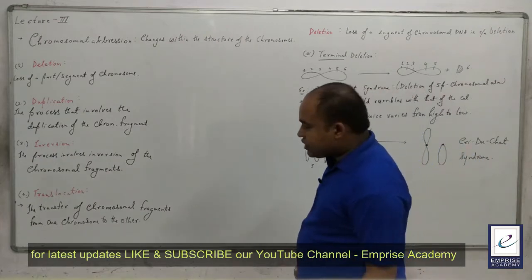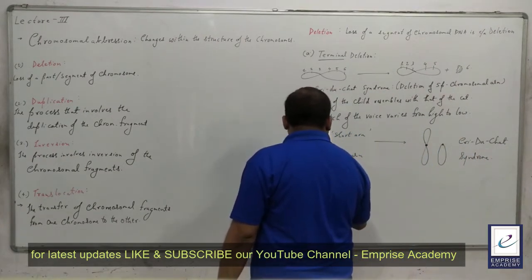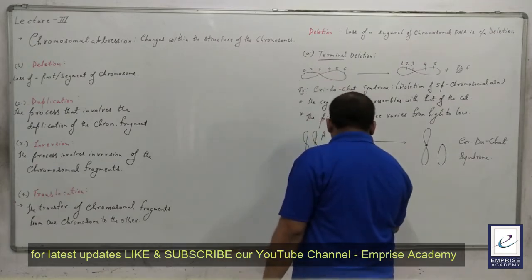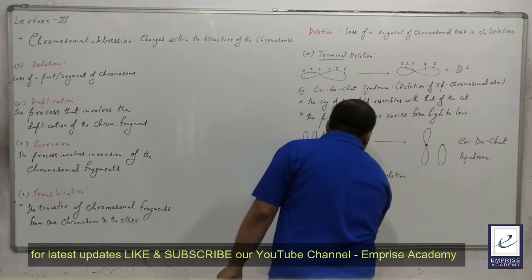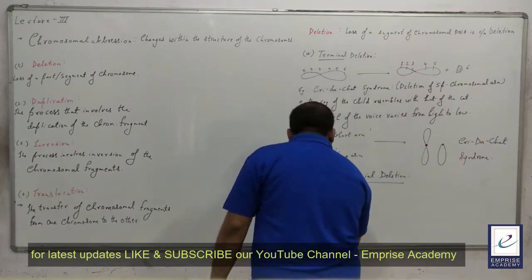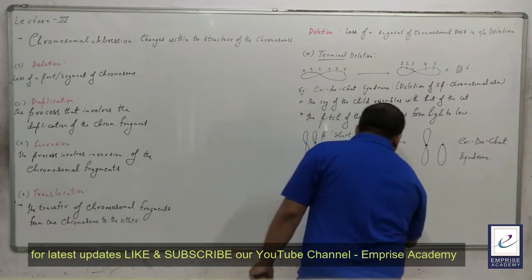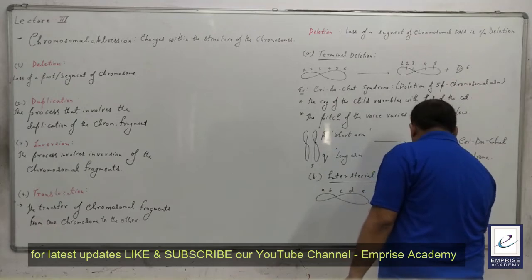We have already seen interstitial deletion, in which there was a deletion taking place from anywhere within the entire chromosome. What was happening in the case of interstitial deletion? A chromosome was there. From any part of the chromosome, a deletion was taking place.